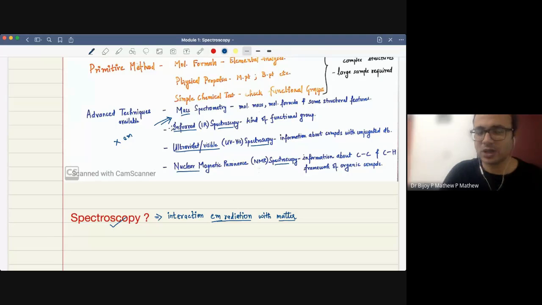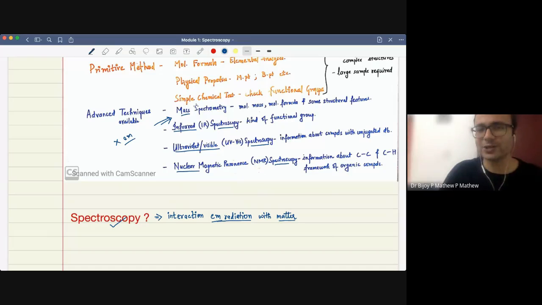I'm not discussing the details. We basically use electrons to ionize molecules to determine the molecular mass. So we are not using electromagnetic radiations in mass spectrometry. That's why we do not use the term mass spectroscopy, but simply mass spectrometry whenever we talk about mass.